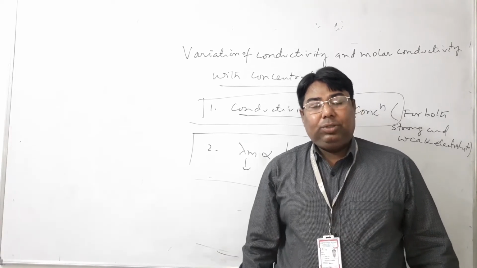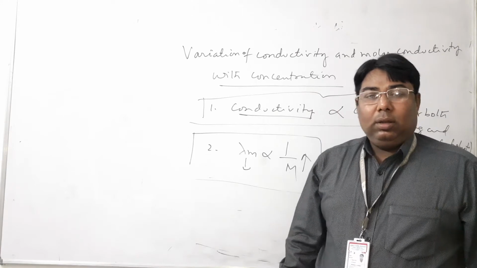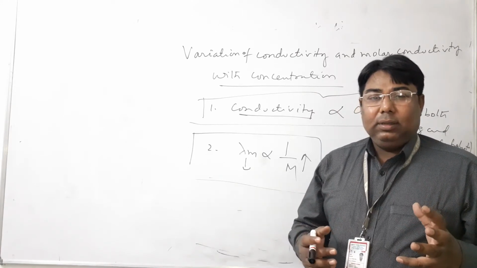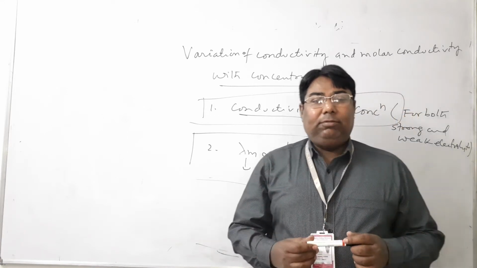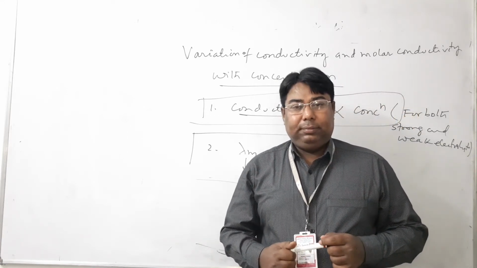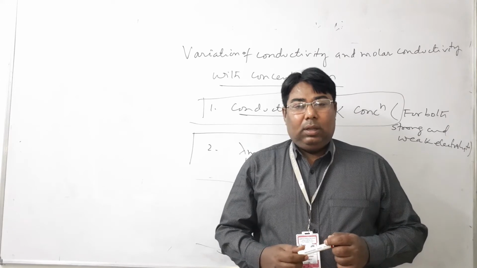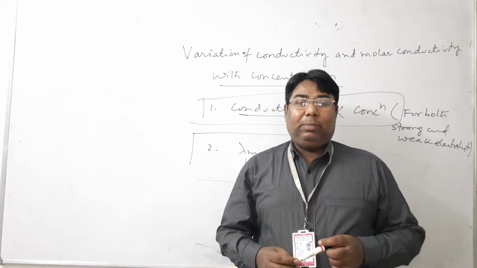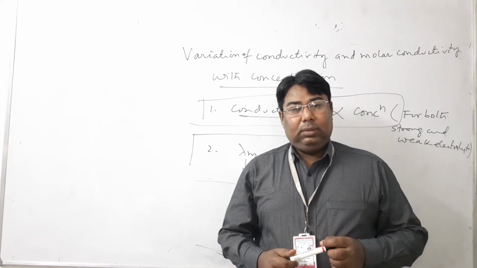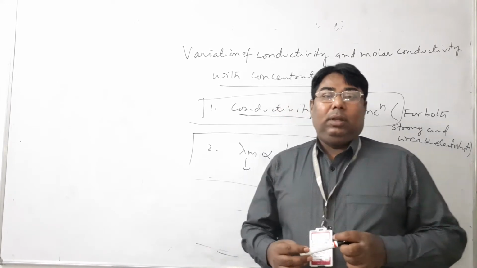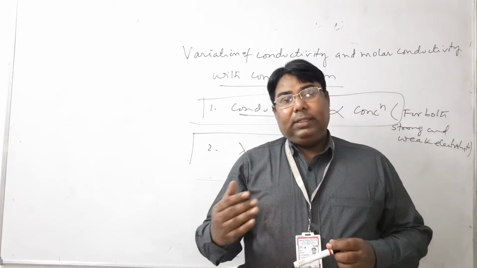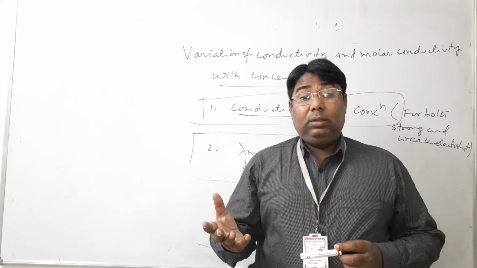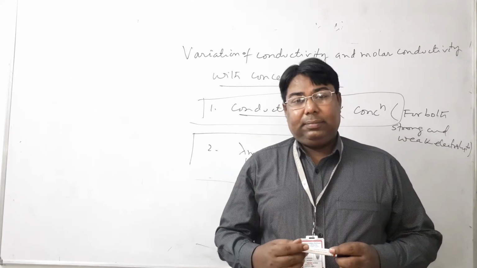Now my dear students, all of you please try to understand how conductivity and molar conductivity vary with concentration. Both conductivity and molar conductivity depend upon the concentration, and conductivity increases with increase in concentration and vice versa, for both strong and weak electrolytes.